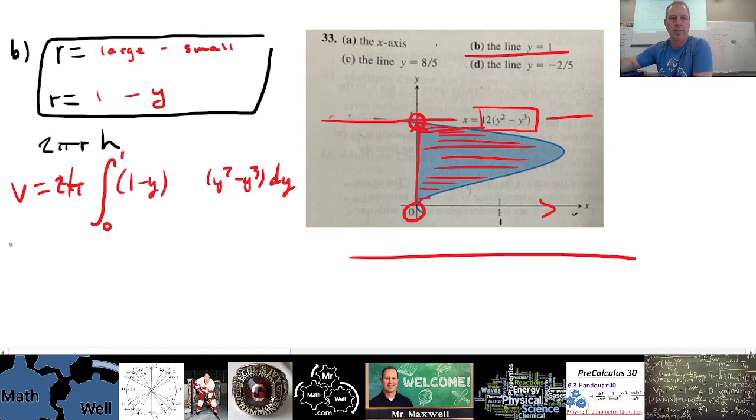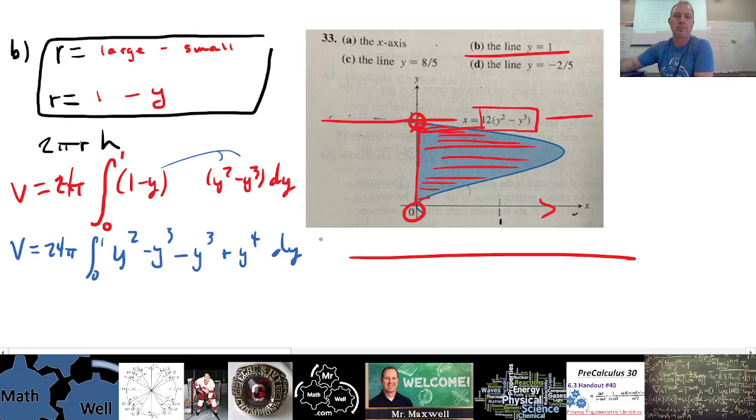Okay, good. So volume, 24 pi times the integral from 0 to 1 of, let's do a FOIL method here. So it's going to be y squared minus y cubed minus y cubed, we can combine these two, and then plus y to the fourth dy. So I can now take the integral. I should simplify it. 24 pi, 0 to 1.